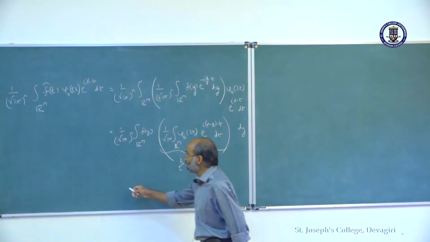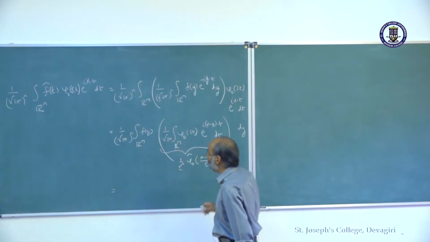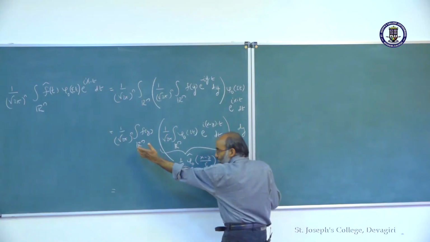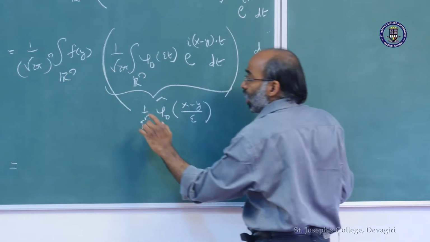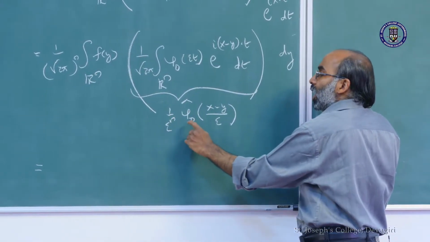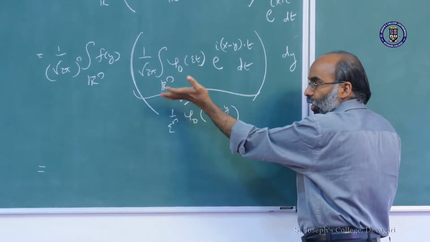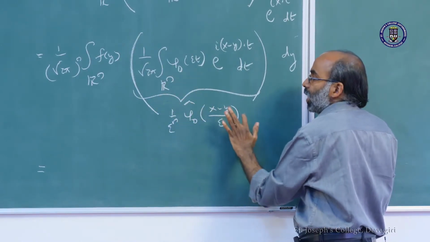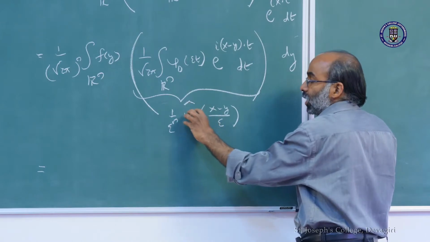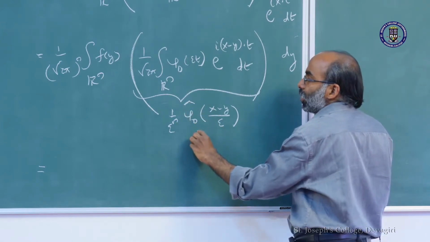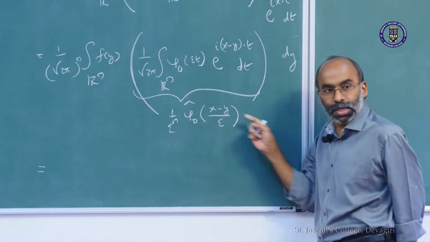So what is this now in our language? Well, there is a 1 by root 2 pi to the n, f of y, 1 by epsilon to the n phi 0, forget the hat because phi 0 hat is phi 0 itself, (x minus y) by epsilon. So this is the dilation of phi 0 by epsilon convolved with f, right, at x minus y.